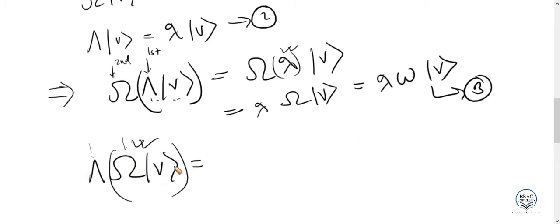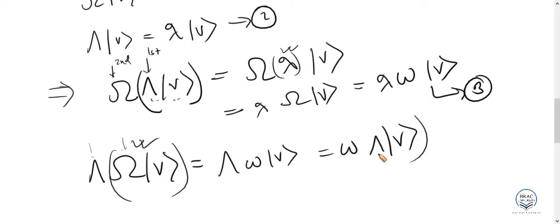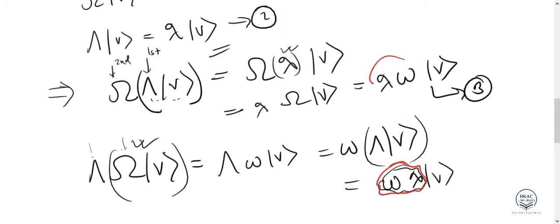So now this will give us capital lambda, that is my operator, small omega, and V. But small omega is just a number, so we can write it as this. And then using equation 2, you can write it as omega lambda V. And these are just numbers over here, right? In both cases. So these two are the same thing.